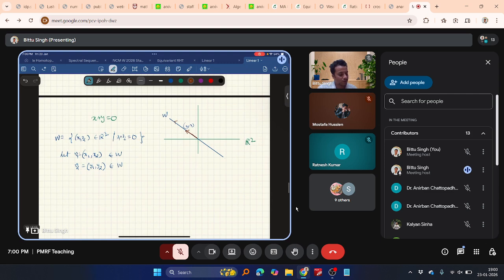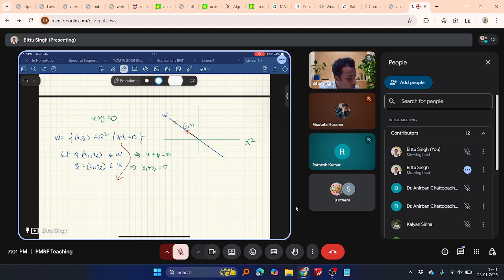And we can also check it mathematically, in an abstract way. Those two belonging to W means the first one satisfies x1 plus x2 equal to 0, and the second one satisfies y1 plus y2 equal to 0.